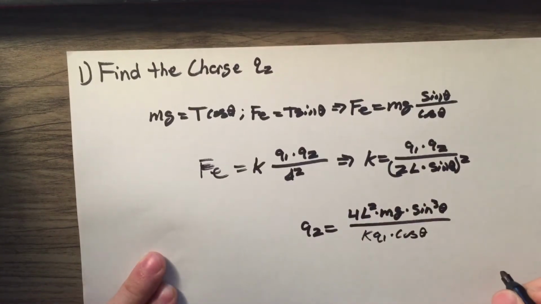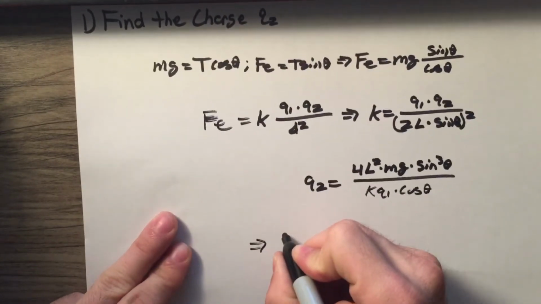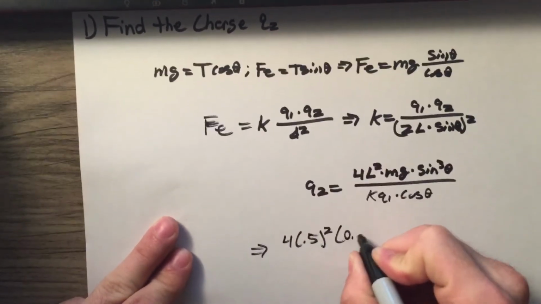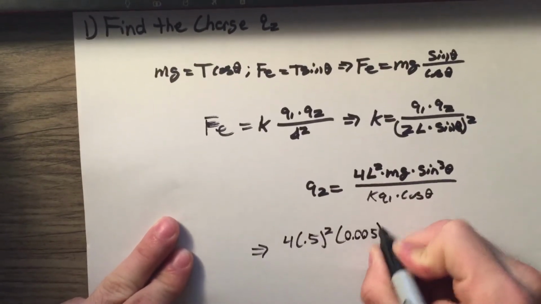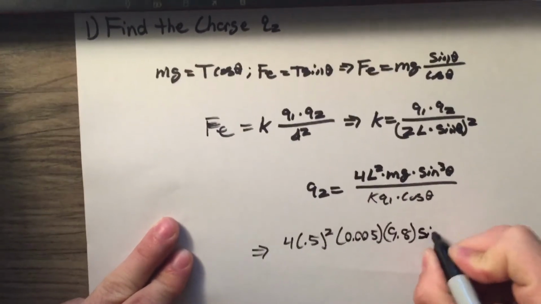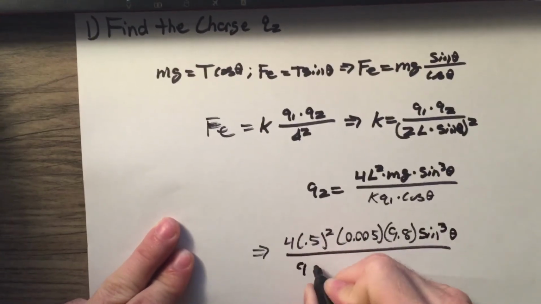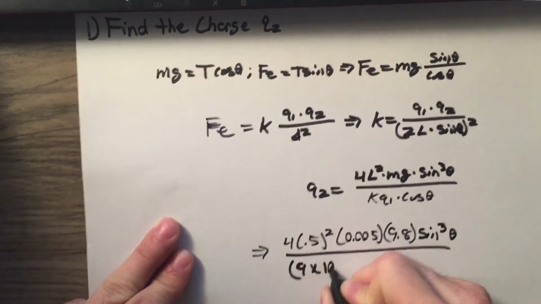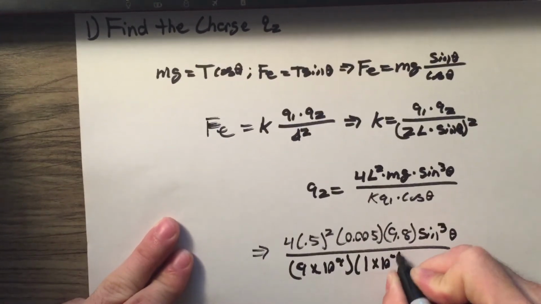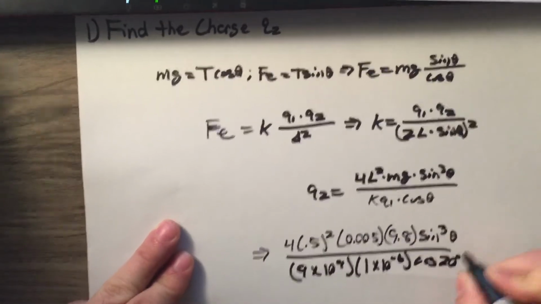And simply plugging in the values that we were given in the original equation, we will get 4 times 0.5 squared times 0.005 times 9.8 times sine cubed theta all over 9 times 10 to the 9th times 1 times 10 to the negative 6 times cosine of 20 degrees.